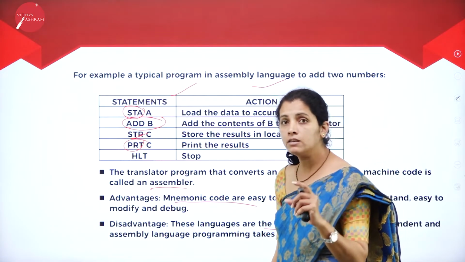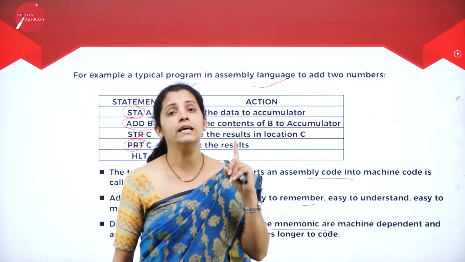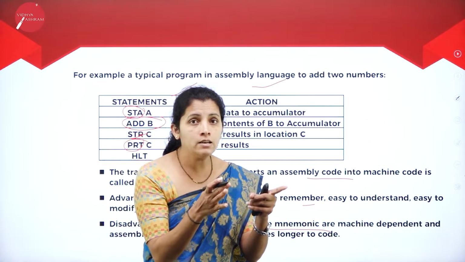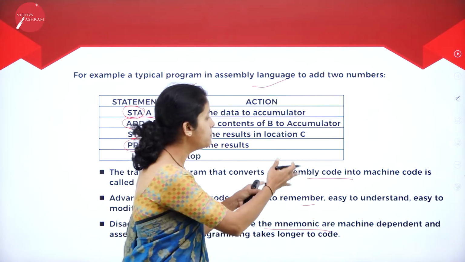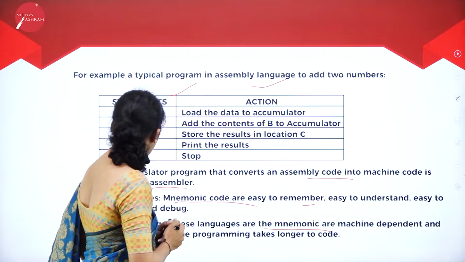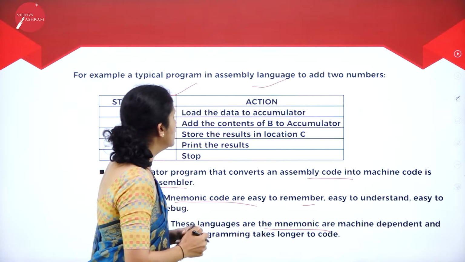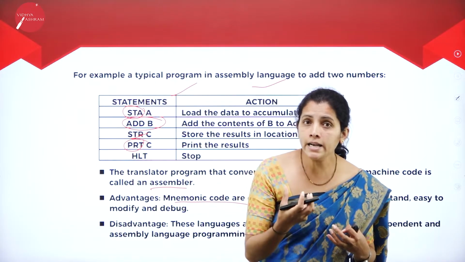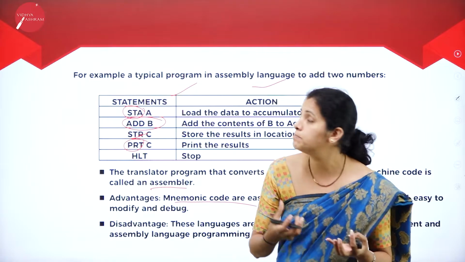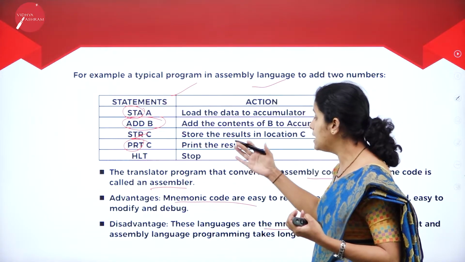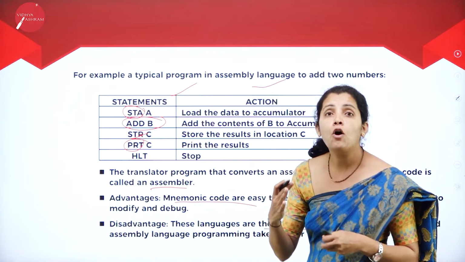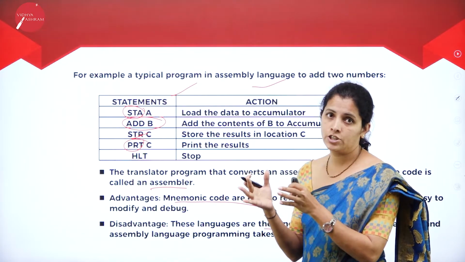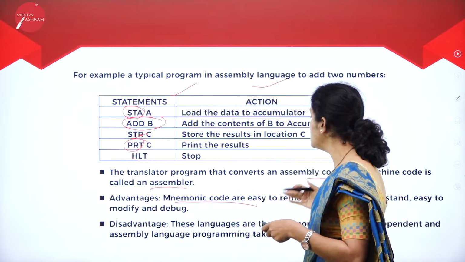That means whatever mnemonics we have are written purely for a particular machine, that is machine dependent. And assembly language programming takes longer to code. That means to write programs or instructions by using assembly level language, it takes a long time.